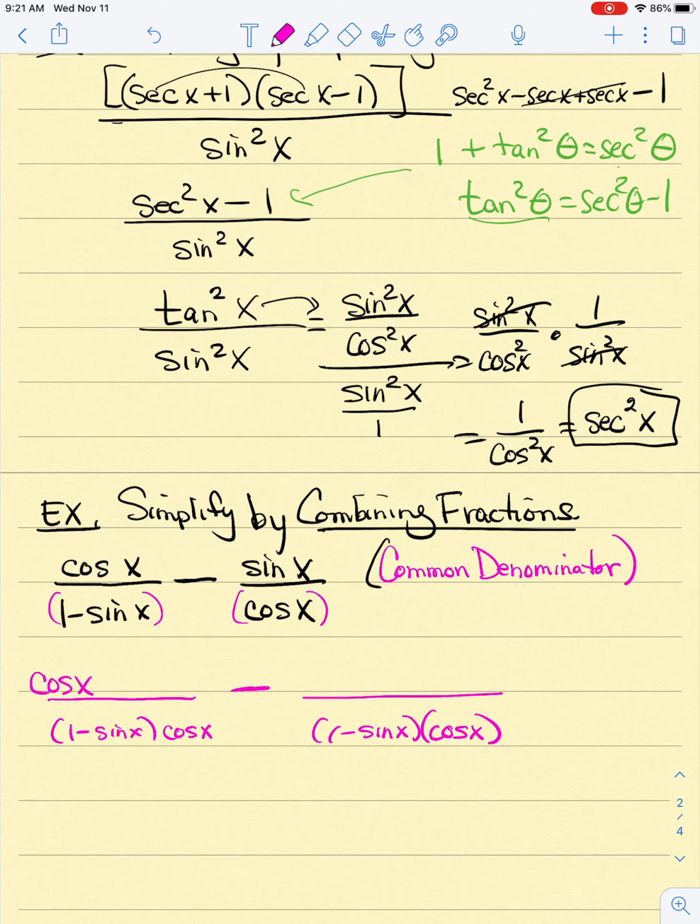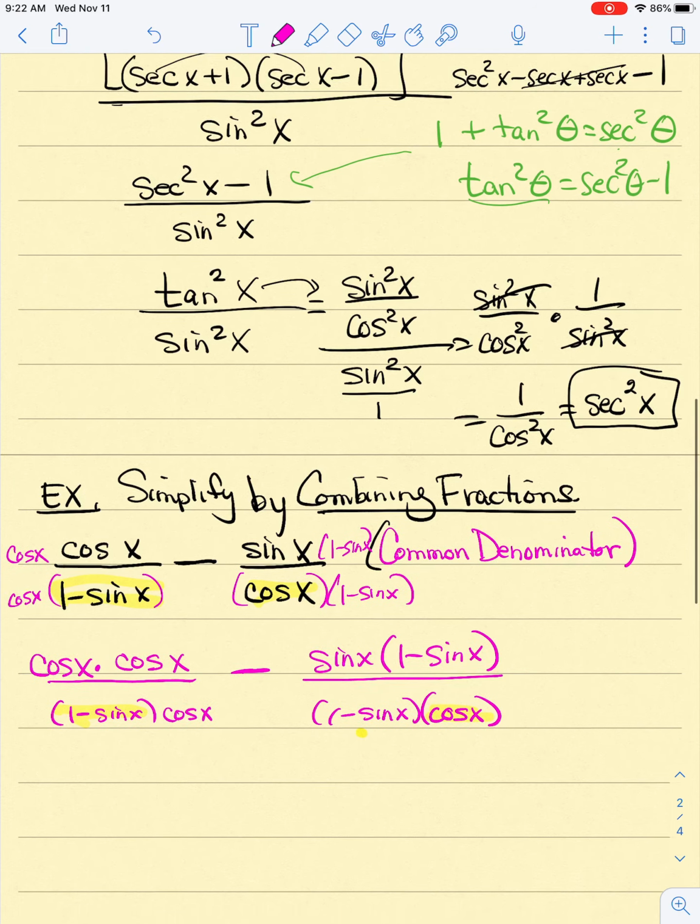Well, the existing denominator is 1 minus sine x. I've got that. So I need to multiply by cosine. So on the top, it's going to be cosine x times cosine x. On the second fraction, I have cosine, so I'm going to have to multiply by 1 minus sine x. So on this top here, I have sine x times 1 minus sine x.